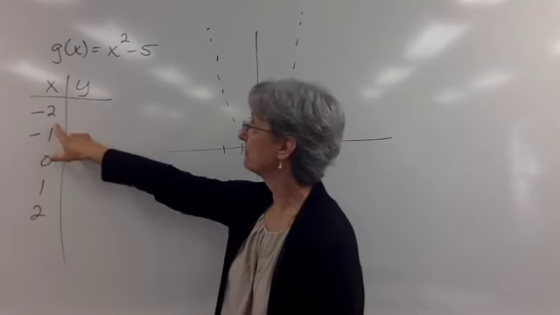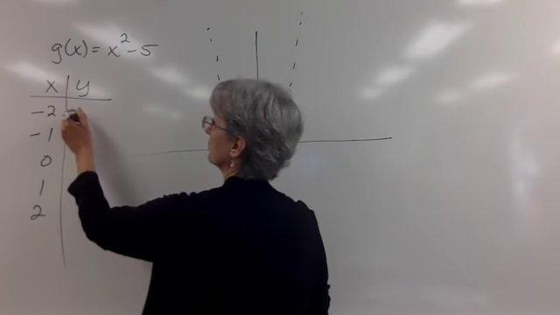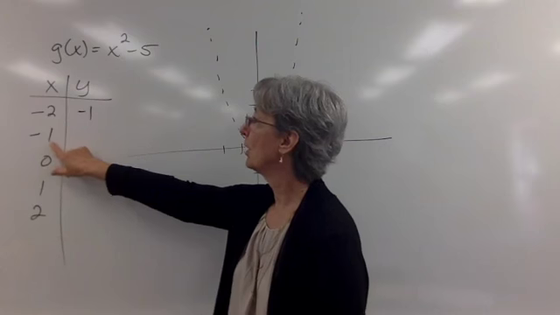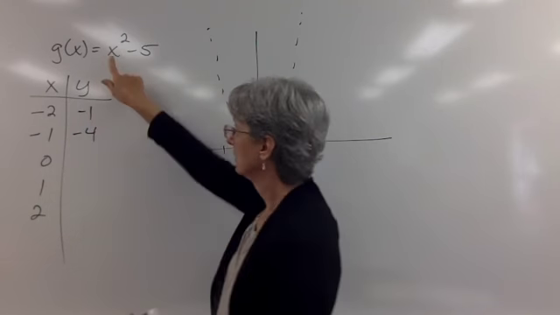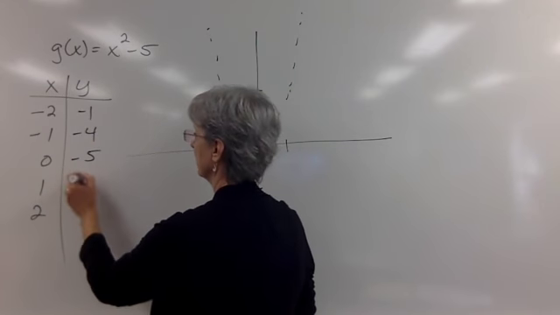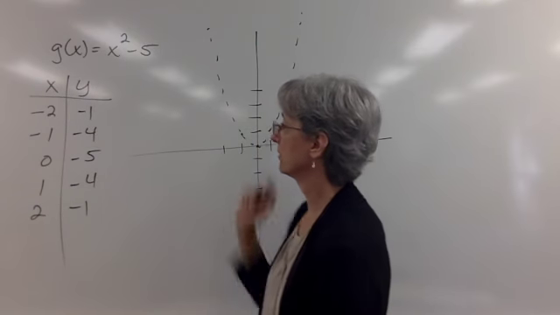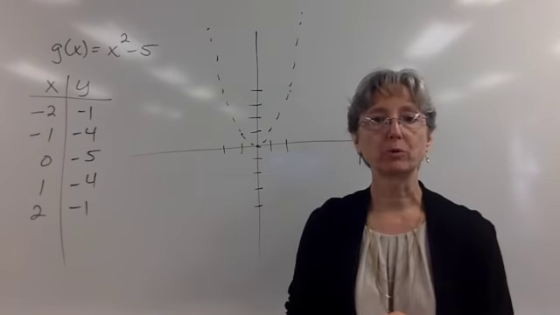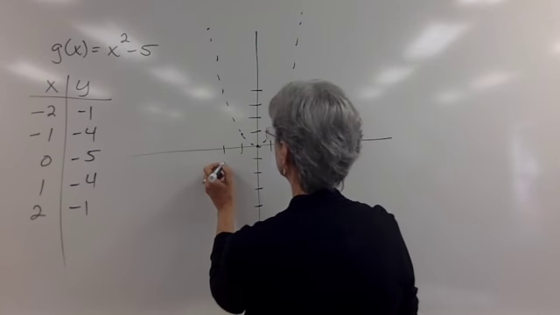So if this is negative 2, this becomes 4. 4 minus 5, this would be negative 1. If this is 1, 1 squared is 1. 1 minus 5 is negative 4. And 0 minus 5 is negative 5. And negative 4. And negative 1. 2 squared, positive 4. There we go. Let's plot those points. So negative 2, negative 1.